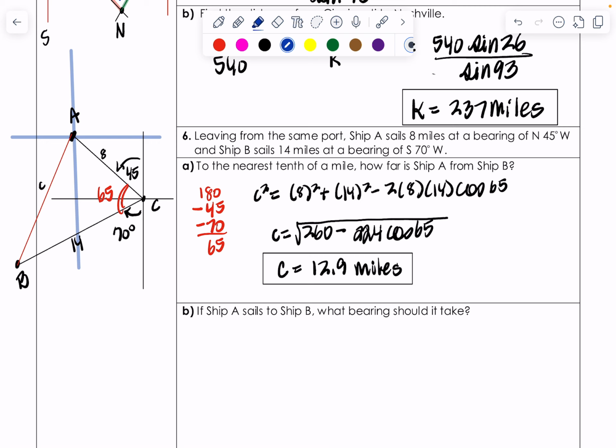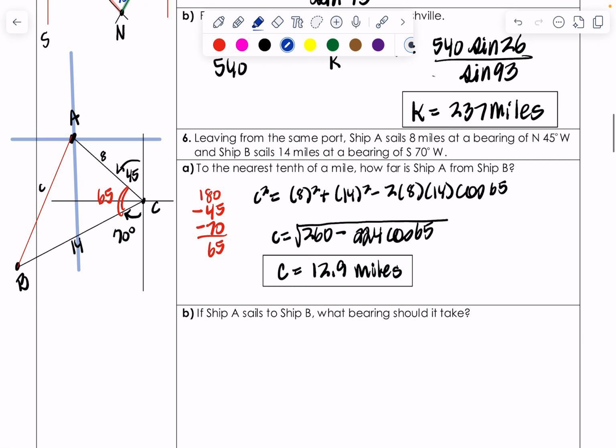I need to figure out which distance. I need this piece. That angle right there from north, south, east, west. Okay, so yeah, I need to figure out what that is. Alrighty. Surely we can figure that out.